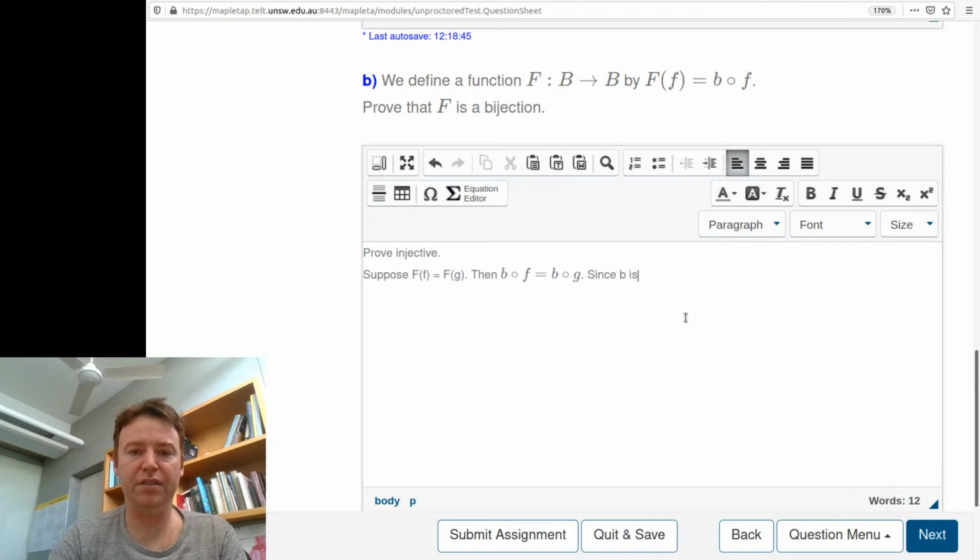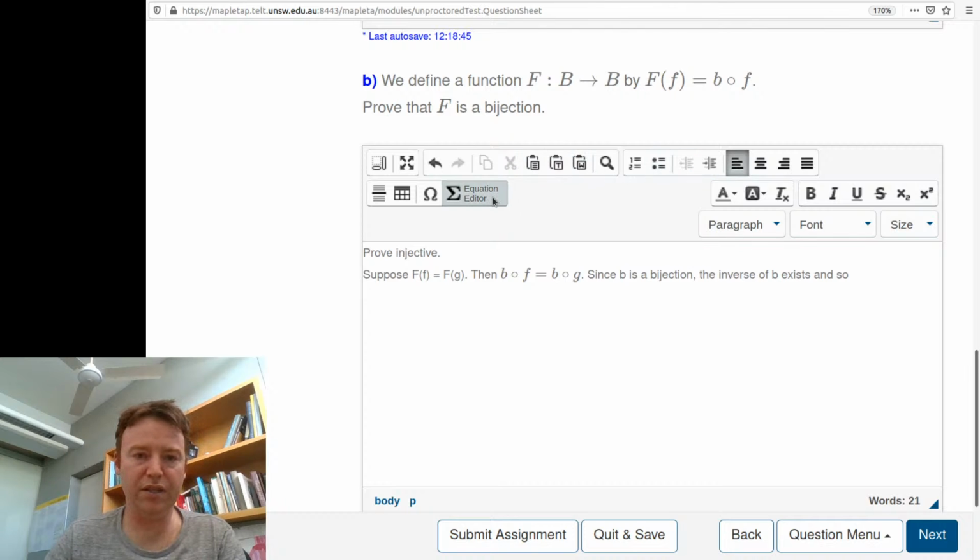Since B is a bijection, the function B has an inverse.